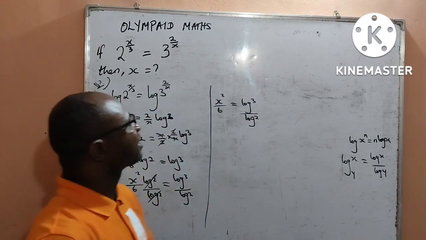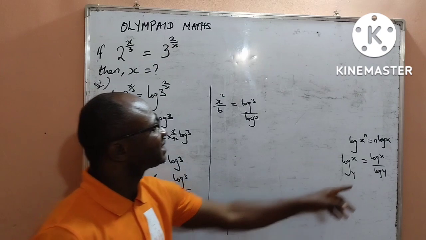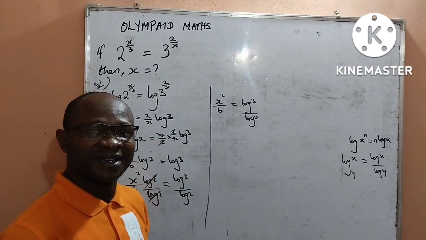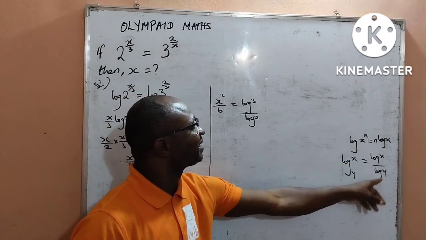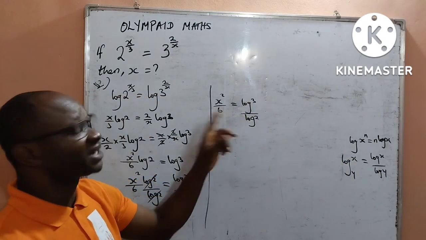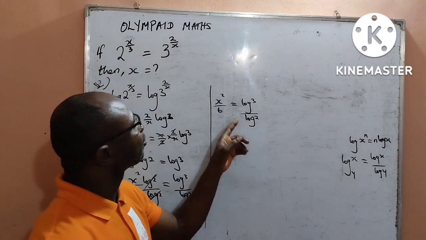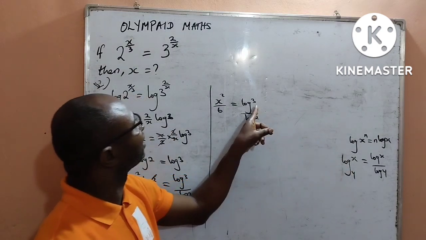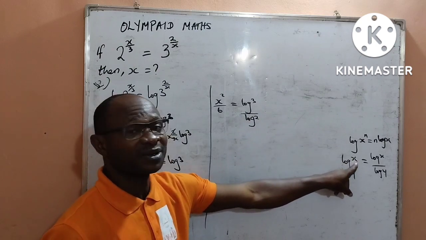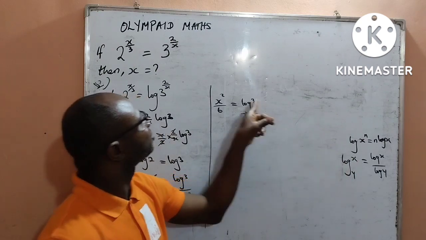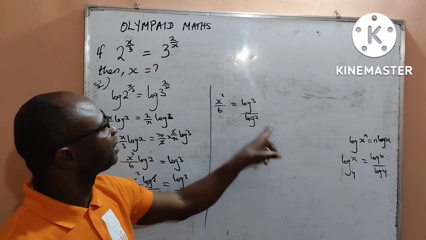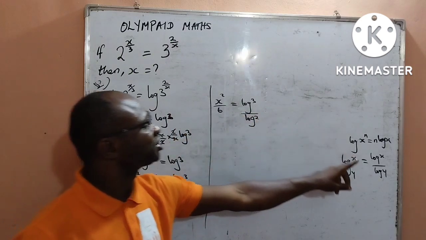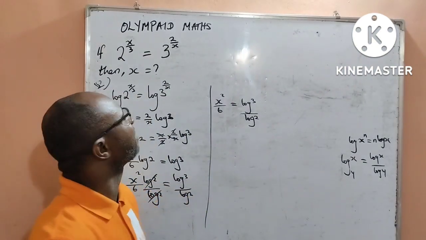Alright, so looking at the right hand side, we can see x can be our 3 and y can be our 2. So what we have on the right hand side is exactly what we have here. I can quickly replace that with log x base y. Now for this question, it will be log 3 base 2. So we apply the change of base law in logarithms.